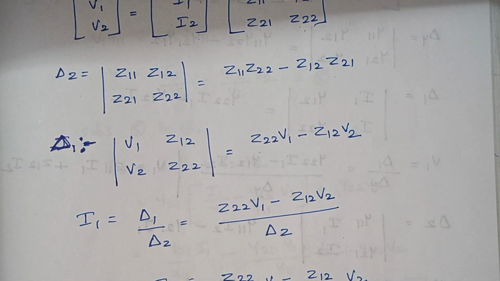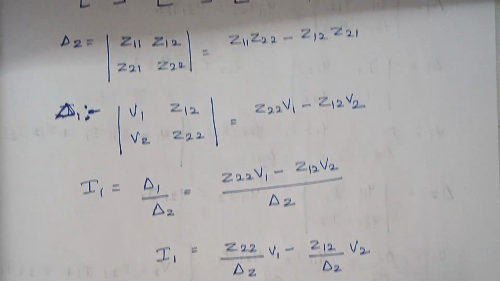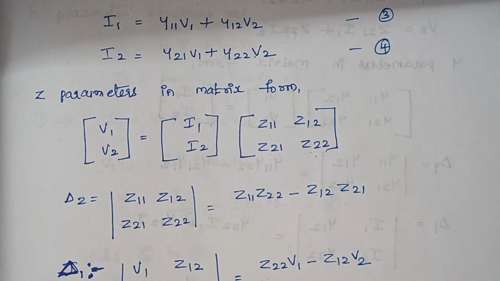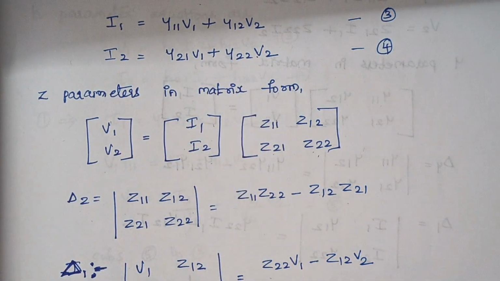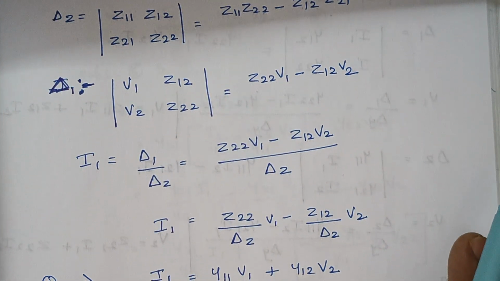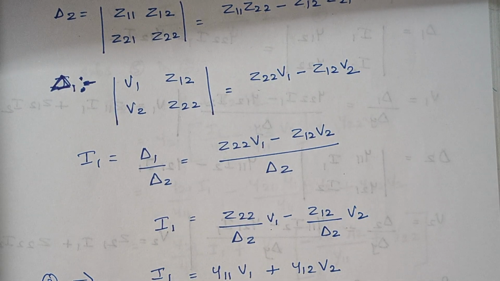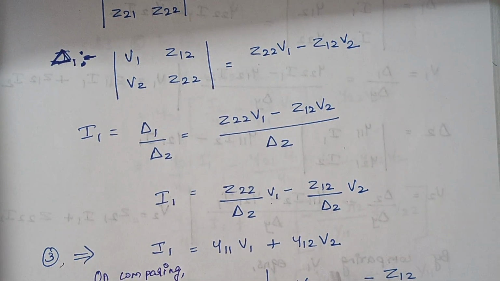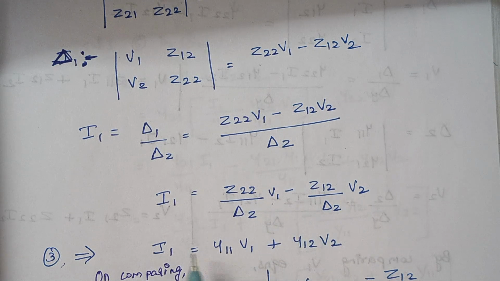Now we are going to compare this expression with the expression of our y parameters, because here you see we have I1 in terms of V1 and V2. Similarly, here also we have I1 in terms of V1 and V2. So in this equation, I am splitting and writing. We are comparing these two equations because I1 is in terms of V1, V2, here also I1 in terms of V1 and V2.